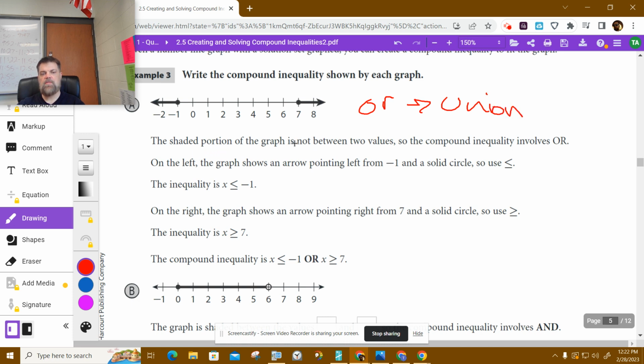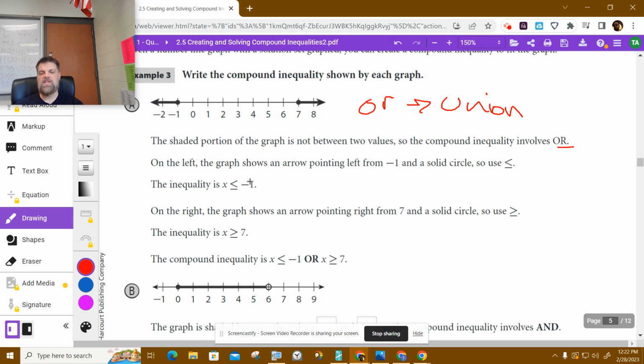But then it says the shaded portion of the graph is not between two values, so the compound inequality is an or. In other words, it's not an intersection. Intersections only occur when they overlap. So on the left of the graph, it shows the arrows pointing left from -1 and a solid circle.